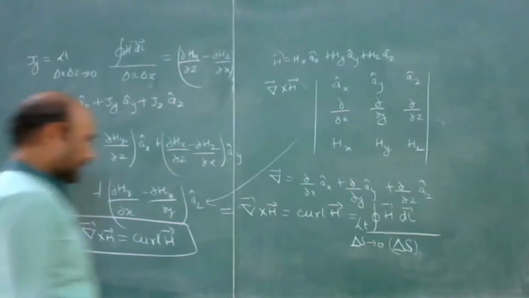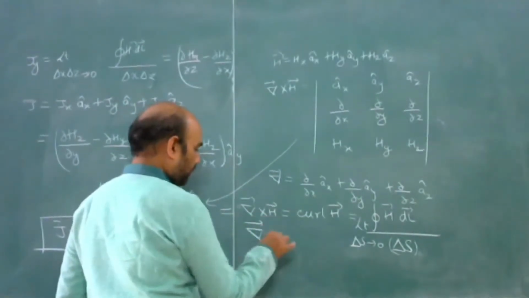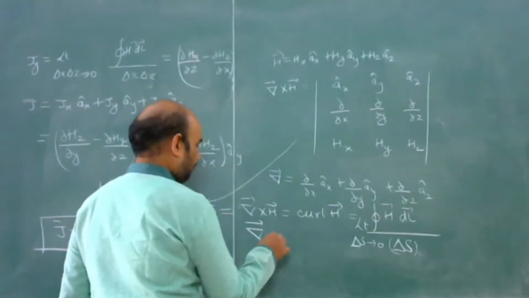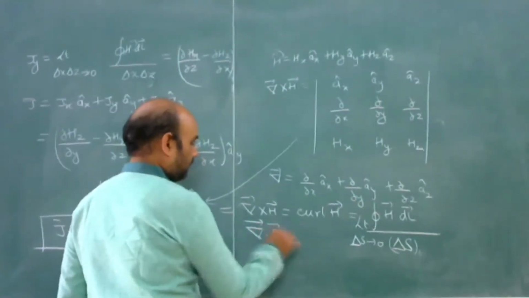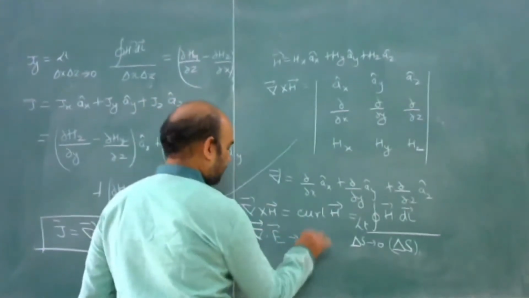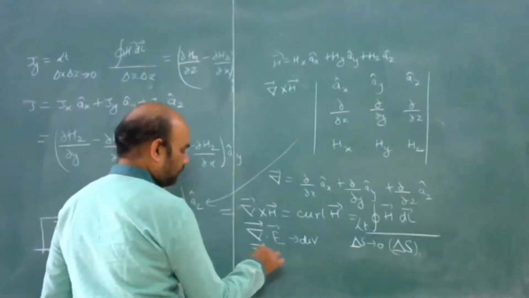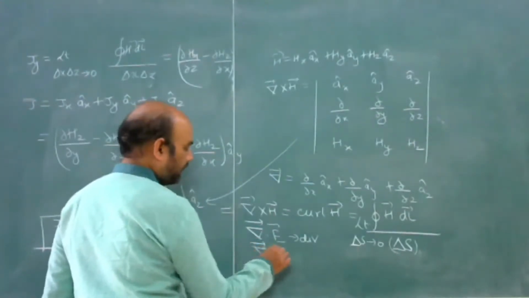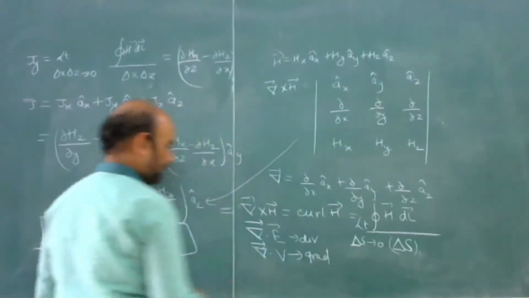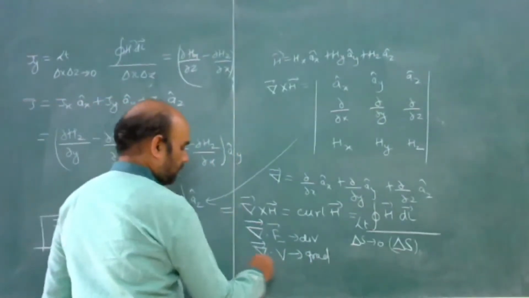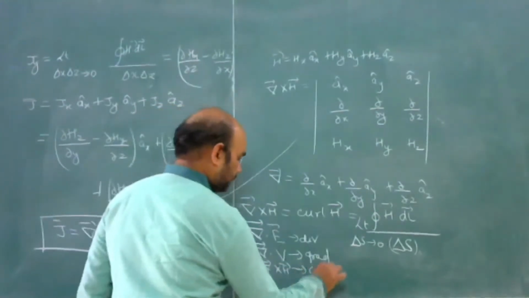Okay, so one thing you have to remember: the dot product with a vector operator gives divergence, the vector operator on a scalar gives gradient, and the vector operator cross a vector gives curl.